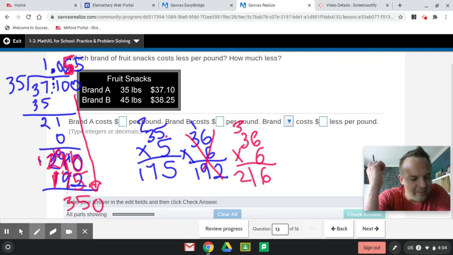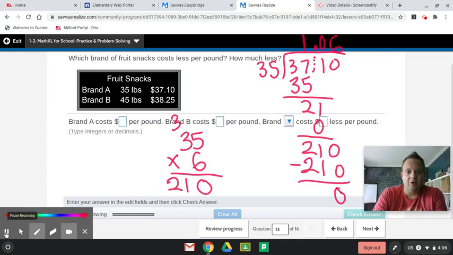That'll be 10. Oh, so it should just go in 6 times. Now I'm all confused. So that's 10.